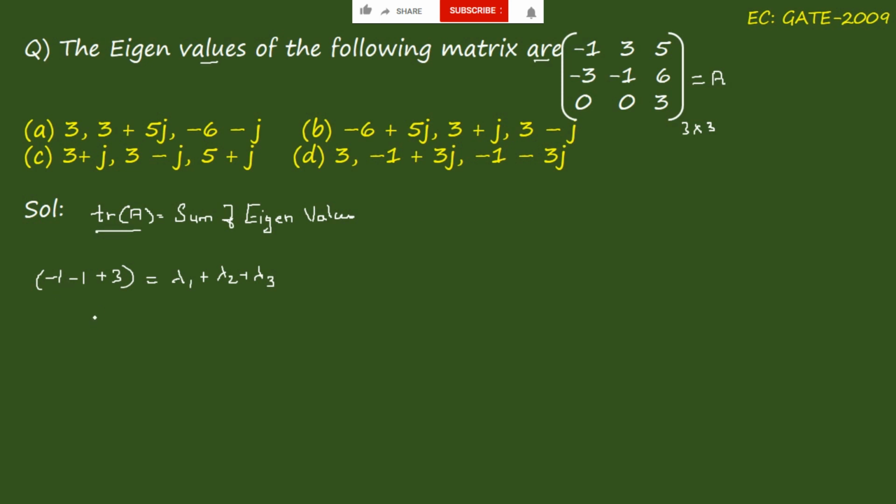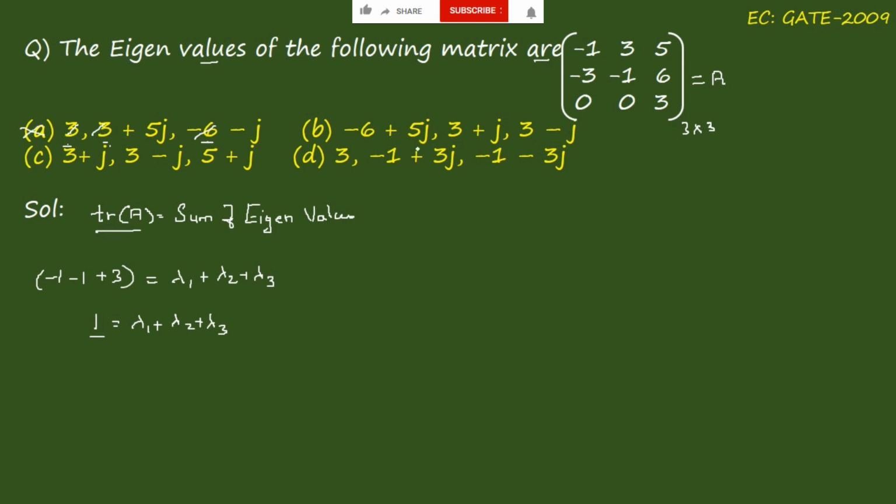So this is equal to 1. The sum of the eigenvalues should be equal to 1. See the options here. Here 3 plus 3 is 6 and it becomes minus 6. All of these get cancelled and become an imaginary number. So this is not an answer.